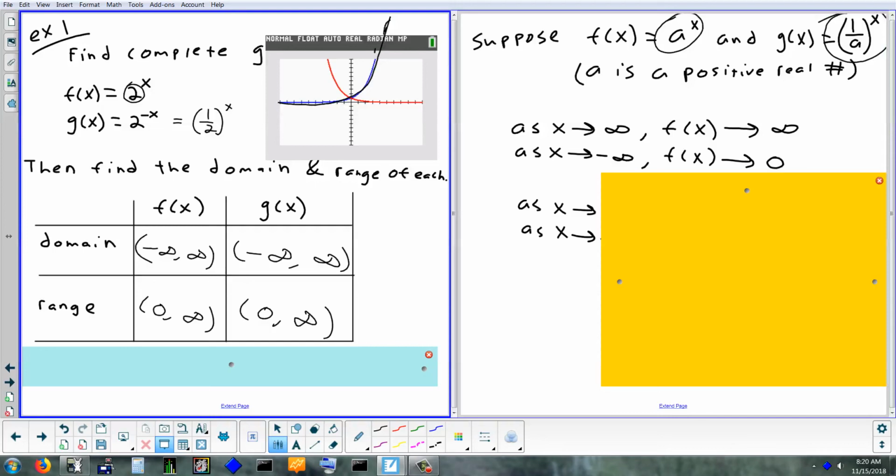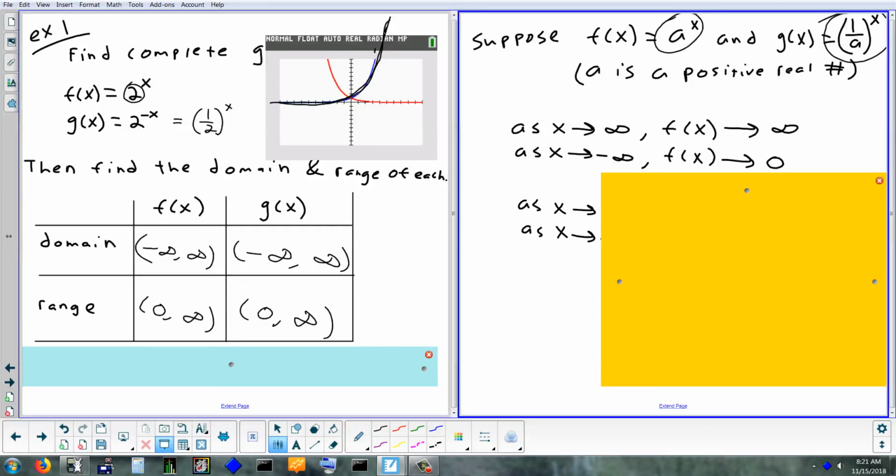As x gets more and more negative, as x heads to the left, the y value is approaching 0 but never reaching it. And that's for any graph that's a number bigger than 1 to the x, 2 to the x, 10 to the x, anything like that.